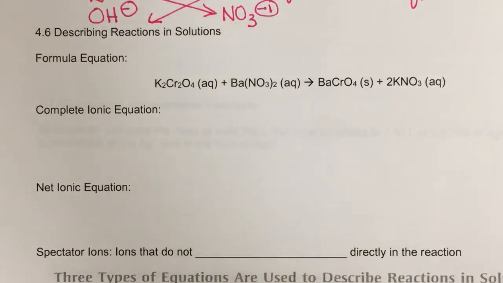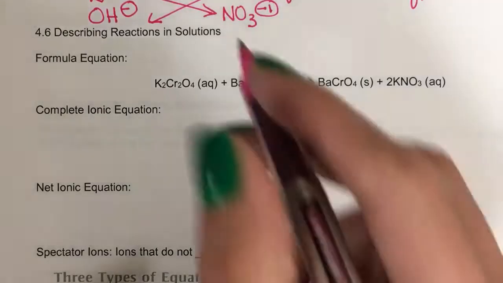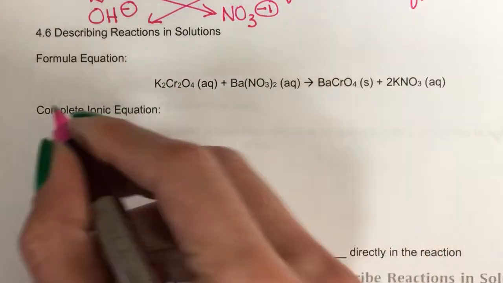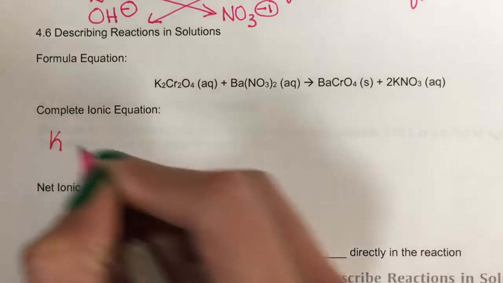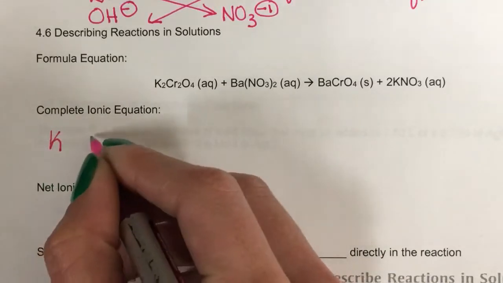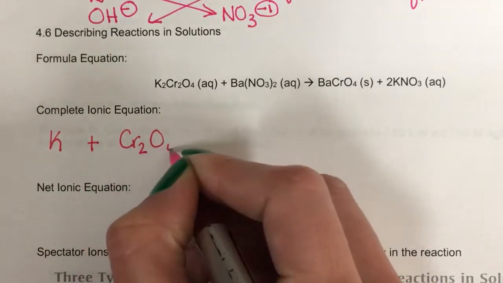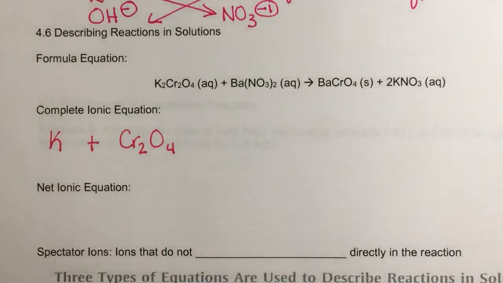We can also write the complete ionic equation. Now, the complete ionic equation breaks everything into ions. So, if I looked at K2Cr2O4, that breaks up into potassium, and here's my polyatomic dichromate ion. Okay.